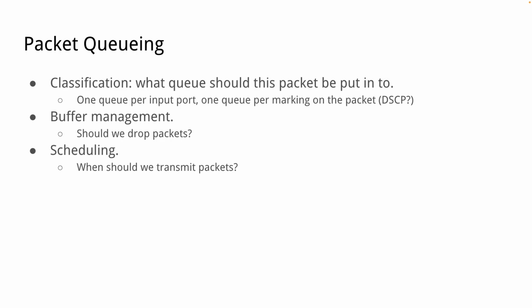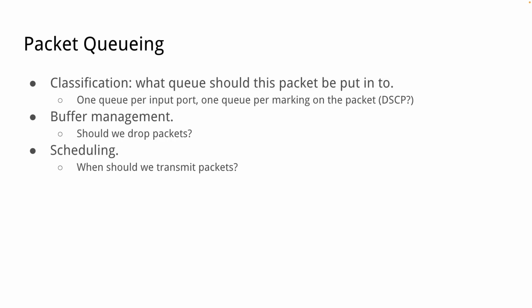We might say that if a packet came in on port 1, then it's a really important packet, and if it came in on port 2, it might be less important. But in other cases there's a mix of traffic on a port. Maybe this voice packet has some HTTP traffic, some web traffic, alongside it. So we might need to look at something that tells us about the packet, and that might be other fields of the IP header, like the DiffServ code point, the DSCP, fields in the IP header that let us do that marking.